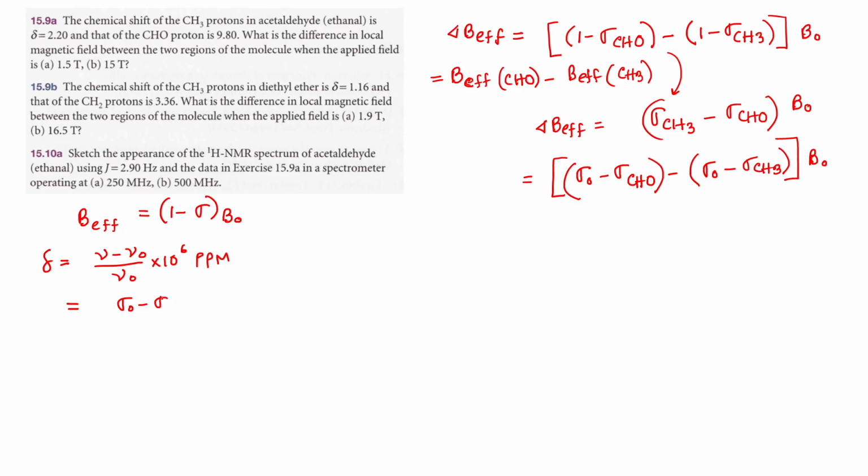This is nu 0 minus nu into 10 to the power 6 ppm. 1 minus sigma 0 was there, but as sigma 0 is very small compared to 1, we are going to take it as nu 0 minus sigma 0 minus sigma. I'm very sorry, I'm talking about nu 0.